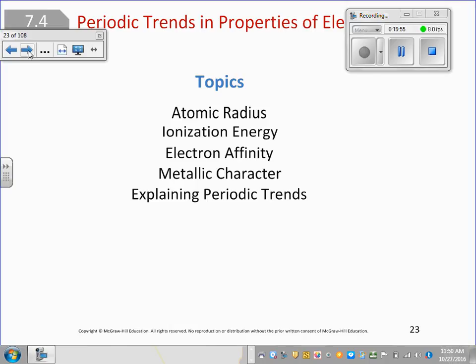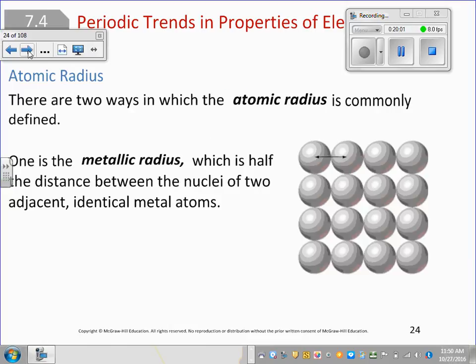Atomic radius. A couple ways you can measure it. We call this the metallic radius. You can think of the atoms as balls sitting next to each other, and you go from the middle of one to the middle of the other and divide by 2.